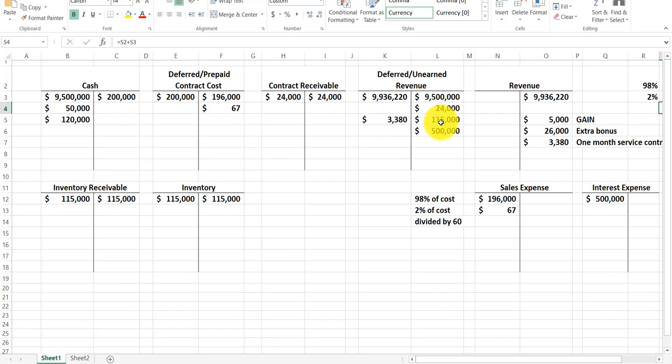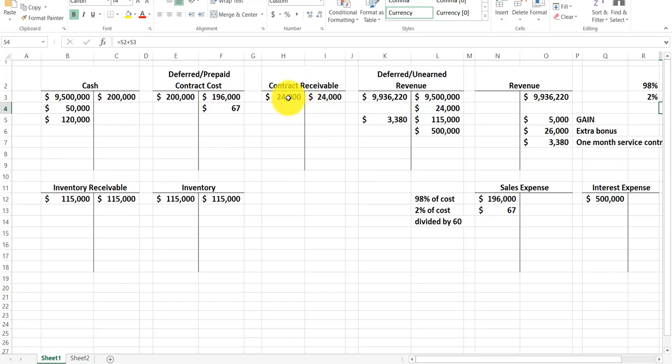And then there's also an incentive to get the contract completed on time or even early. And we use the probabilities of each of the outcomes and multiply them out and add them up. So the expected value process we learned about earlier. And the value of that bonus is $24,000.